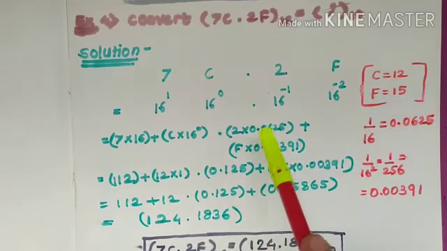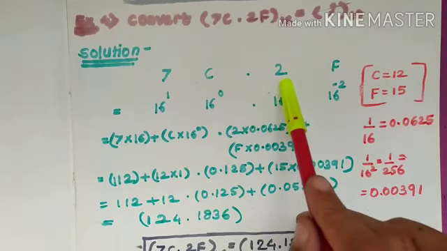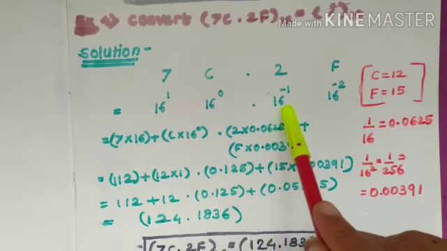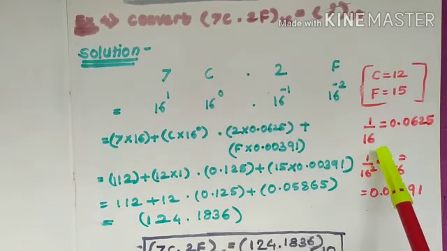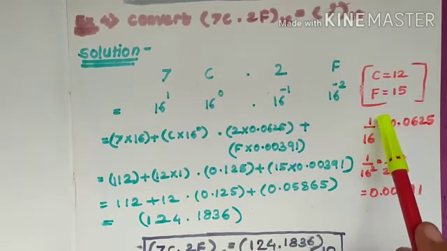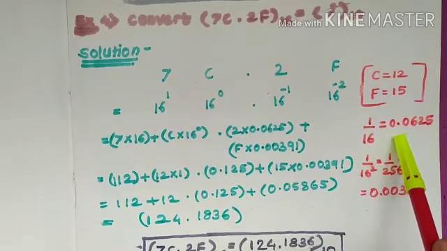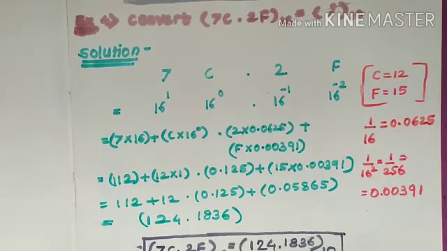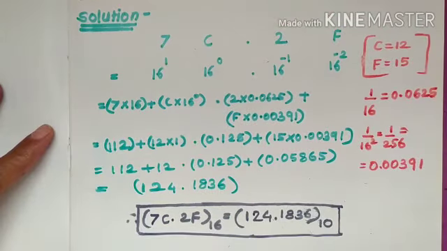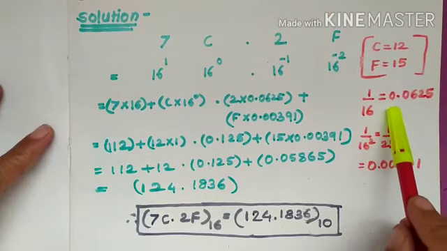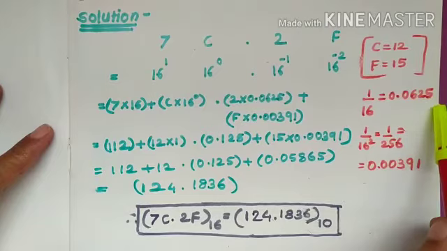Okay. In a similar way, 2 multiplied by 16 raised to minus 1, and we know that 16 raised to minus 1 we can write as 1 upon 16, and this is nothing but 0.0625.